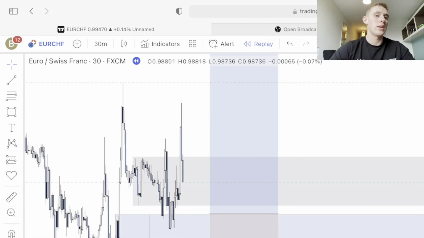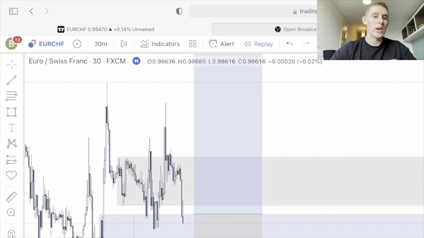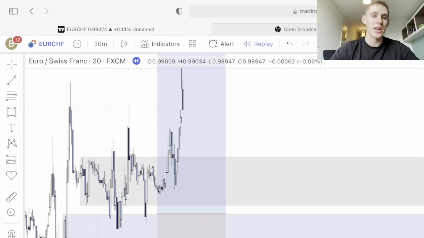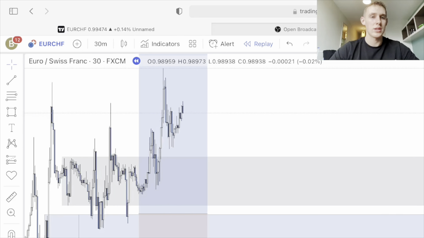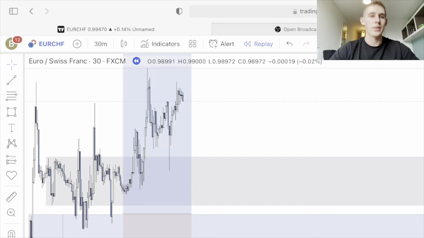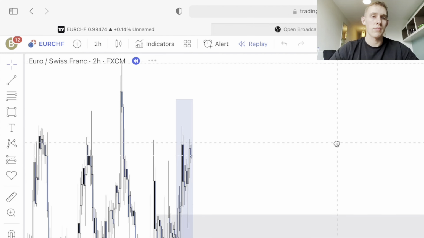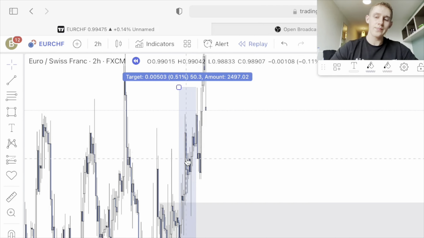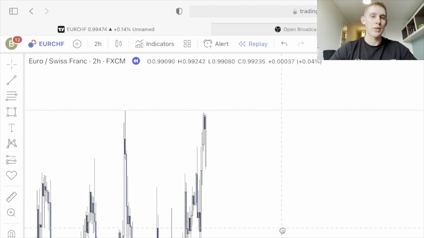Like I said, that happens most of the time when you get these areas of liquidity generated above your point of interest, and then eventually price does come up and hit our take profit. So that was the third type of liquidity.